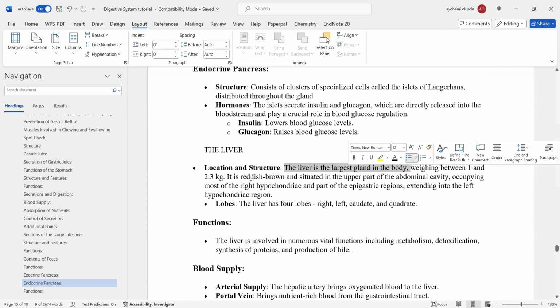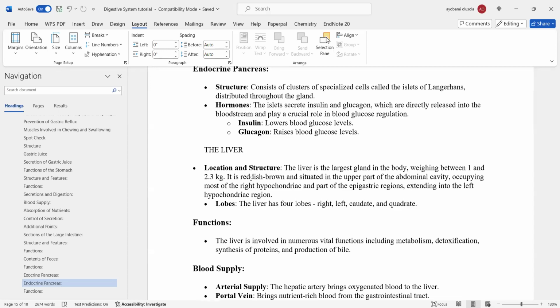It is a reddish brown gland or organ and is situated in the upper part of the abdominal cavity, occupying most of the right hypochondriac and part of the epigastric regions. It extends to the left, though, of the hypochondriac region, but majorly it's in the right hypochondriac region.